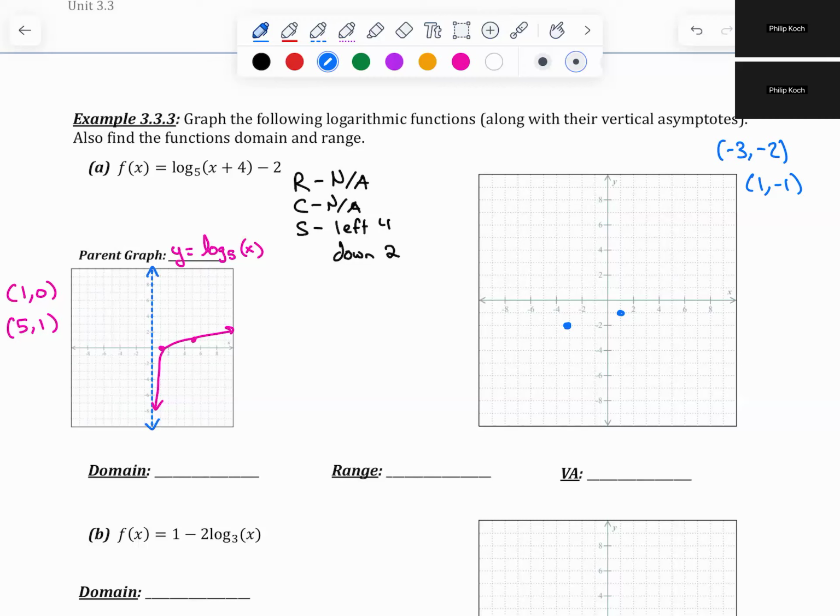We just moved it left and down 2. Since in the original parent graph the asymptote is 1 to the left of that point, it should be 1 to the left of that point here. So we'll write our vertical asymptote right at x equals -4. And so the graph of this logarithm will look roughly like this. It doesn't need to be perfect, but it looks like that.